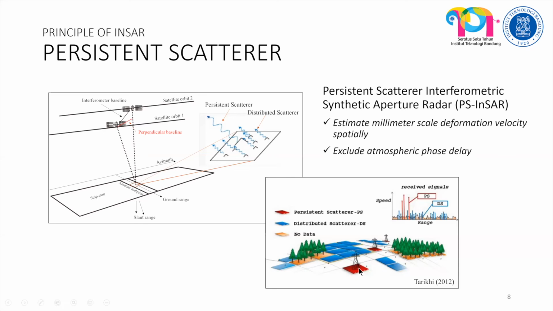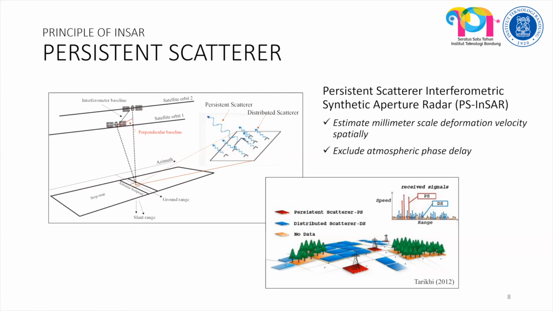For example, the electrical tower like this, or sometimes the building, or sometimes pavement. These will be good scatterers. Other points, for example, bare land, vegetation area, and others, will be distributed scatterers.